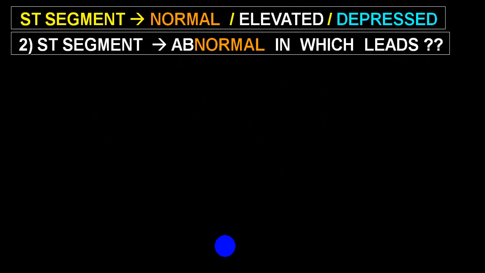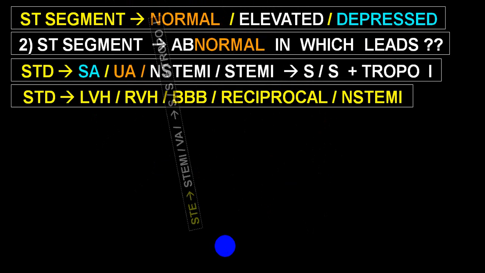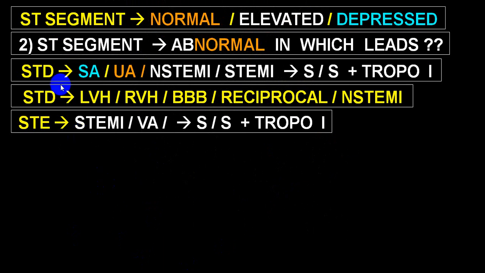So ST elevation, these are all what we have already discussed. ST segment changes will be abnormal. We have to look in which lead, whether it is elevated or depressed. ST segment is usually depressed in stable angina, unstable angina, non-STEMI. And you will have reciprocal changes in case of a STEMI.